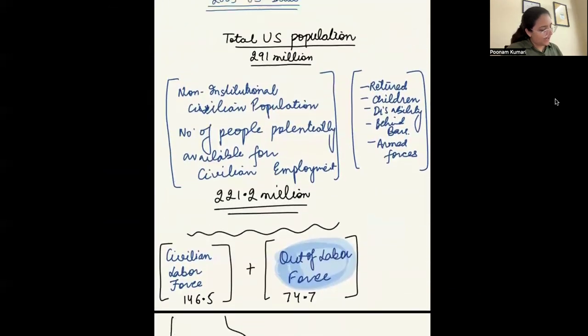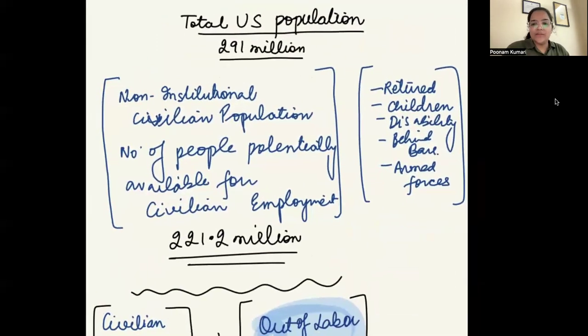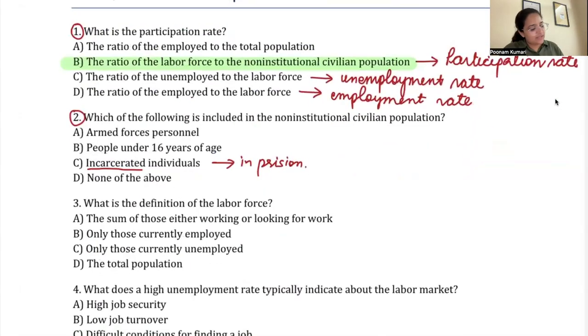The people who are retired, children, disability, people who are behind bars, armed forces, they were kept separate from this, right? They were a different block. So in this case, they are not considered. They are also not considered. So is there any item here that can be included?